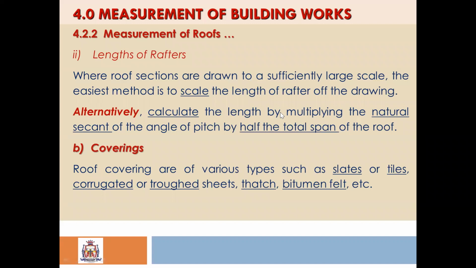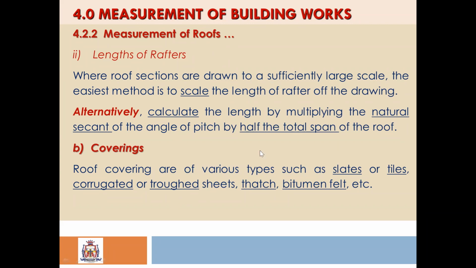Coverings. Roof coverings are of various types. For example, you'll find coverings in slates, coverings in tiles, coverings in corrugated or draft sheets. But still, in our villages, you all know we use thatch roofing, and at times we can use bitumen covering, say, a cast reinforced concrete roof slab.